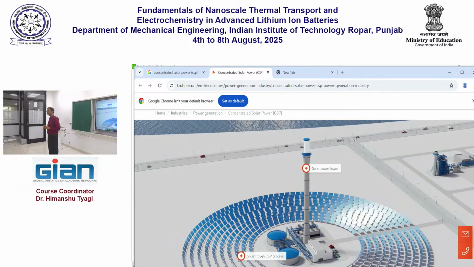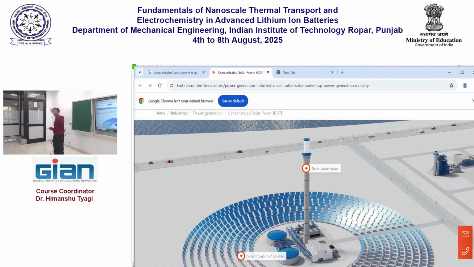This was not such a big problem with traditional forms of energy conversion, because if I have a traditional coal based power plant, as the demand goes up and down, I can to some extent say, okay, let me burn more coal or less coal, and therefore I can produce more energy or less energy, right? But when it comes to the sun, if the sun is there, I can produce a lot of electricity, but if the sun is not there, I just cannot do anything.